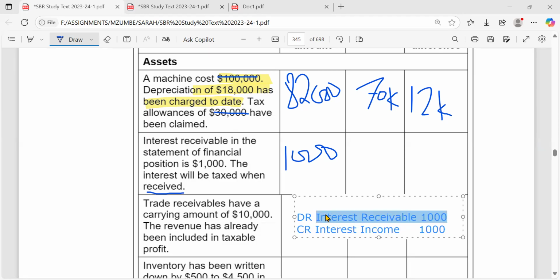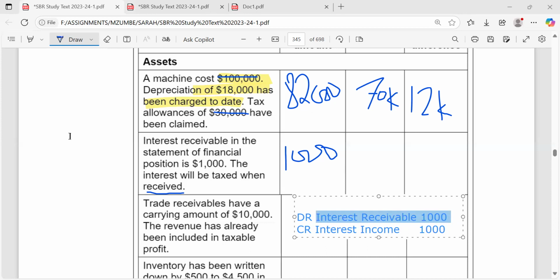So as long as you have not debited the cash, you are also not allowed to credit the what? The interest income. You see that?